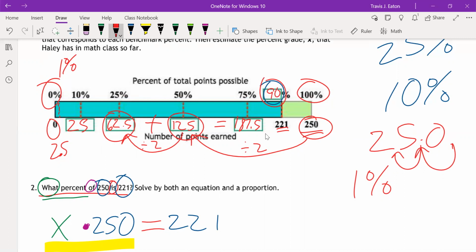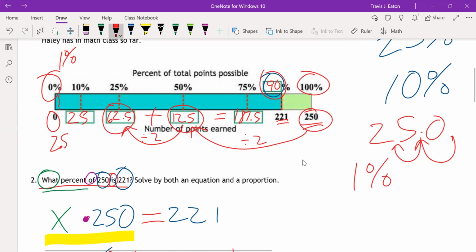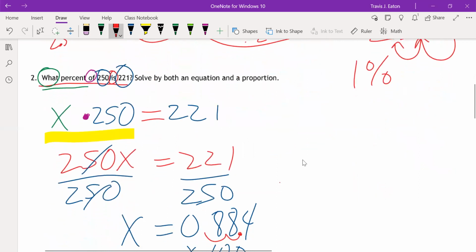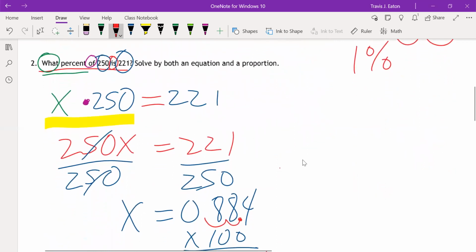And like I said, tape diagrams are great if you can understand where the benchmarks are, and you have to do a fair amount of estimating. Now, back to question number 2. It said to solve both by an equation and a proportion. So if we look at proportions, this is the proportion that you're going to want to use anytime you're solving percentage problems.